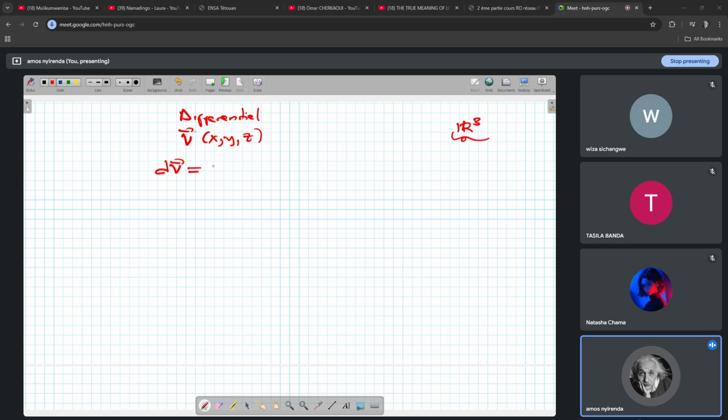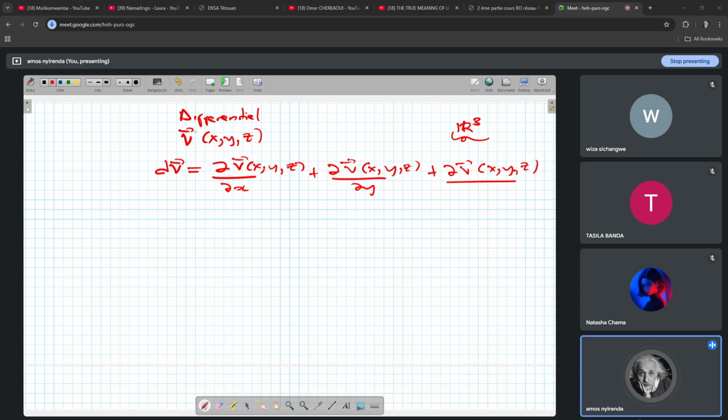So la différentielle, c'est la dérivée partielle de V that has 3 components, X, Y, and Z, par rapport à X, and then plus la dérivée partielle de V, which depends on X, Y, and Z, par rapport à Y, and then plus la dérivée partielle de V par rapport à Z. Now, of course, we have to multiply here by dx, here by dy, and then here by dz.